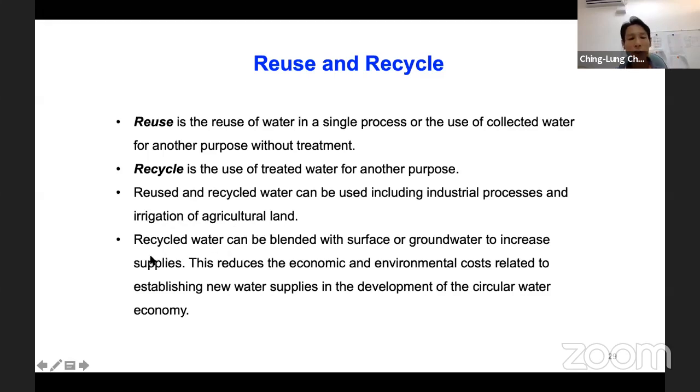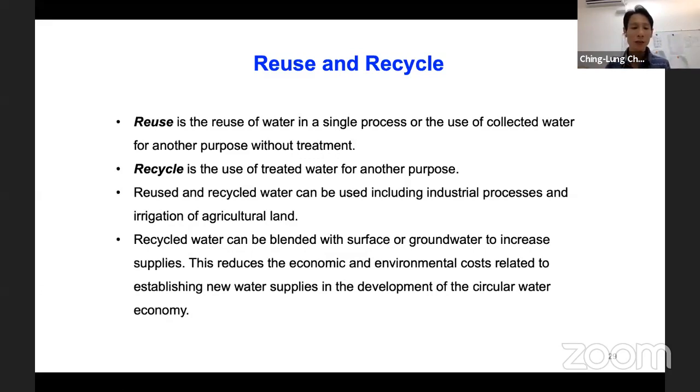And then the recycled water can be blended with surface or groundwater to increase the supply. Actually, this is just a kind of dilution, because usually the recycled water is clean. So we use the clean water to mix with the surface or groundwater. We try to mix the purified water with natural water.